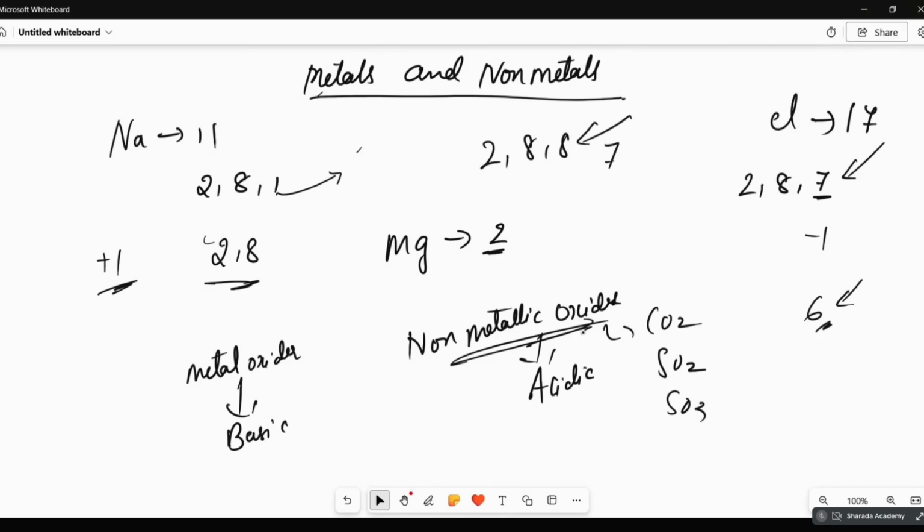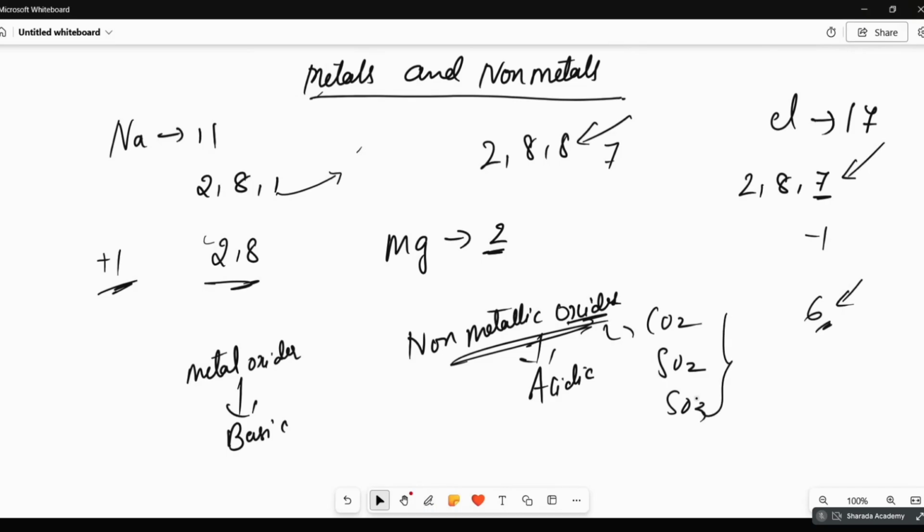Non-metallic oxide means non-metal combining with oxygen. Some basic things, if you know them, make it easier, that's why I'm doing this. Here I'm telling about oxides only, because all these contain only oxygen.